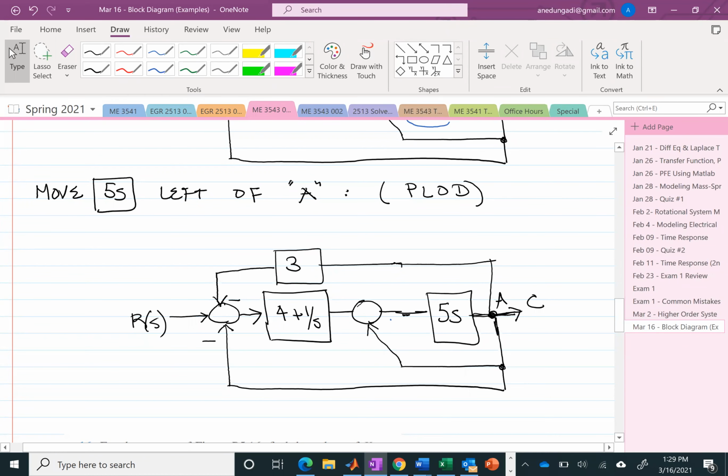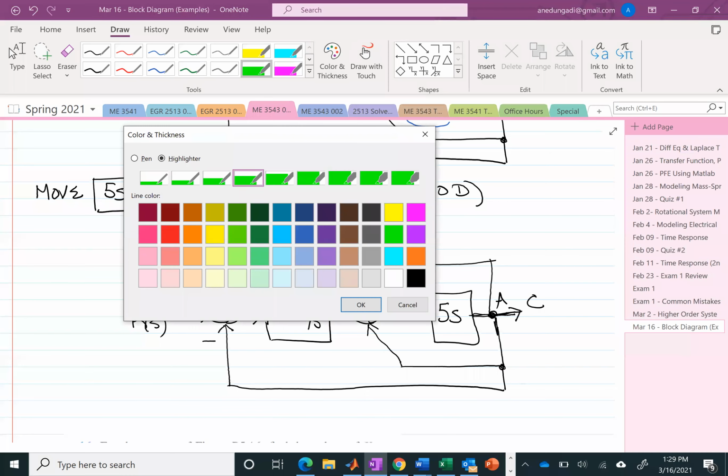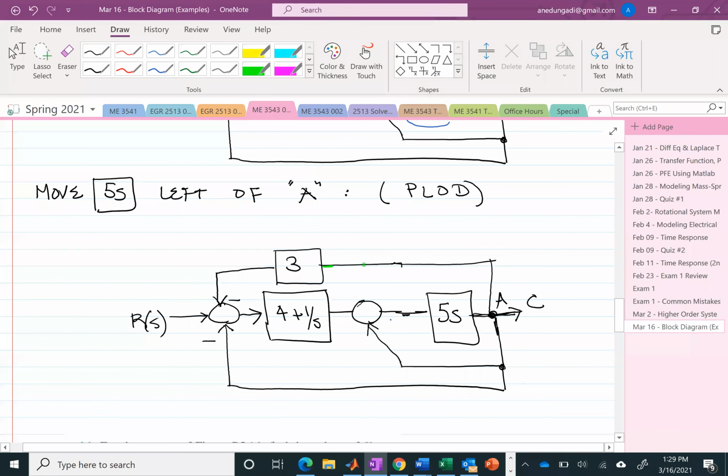Now I have this here, this and this. What do you think happened to those? What do you think that is?